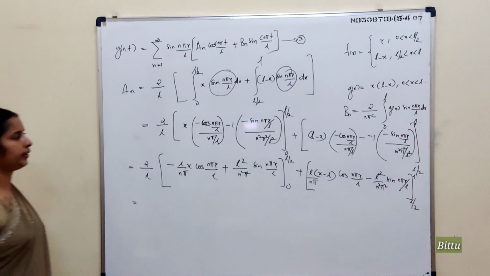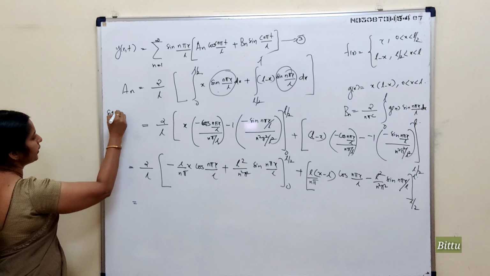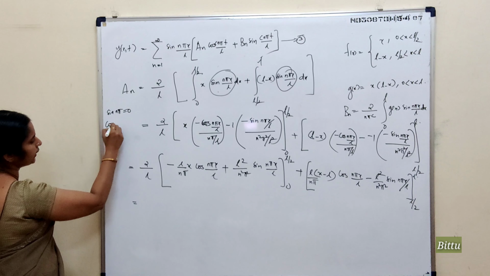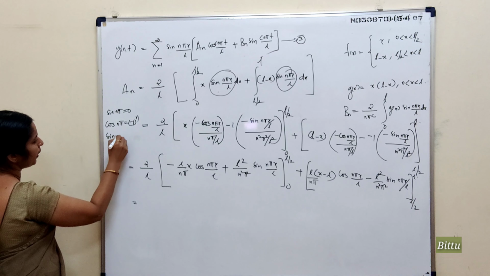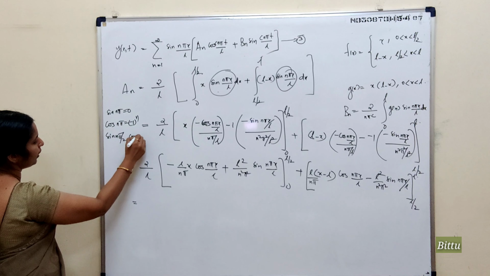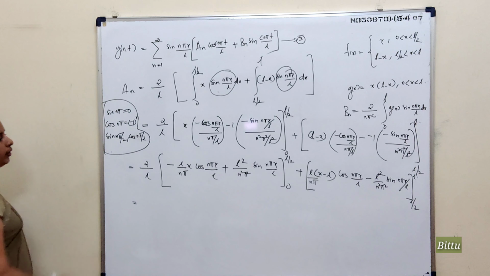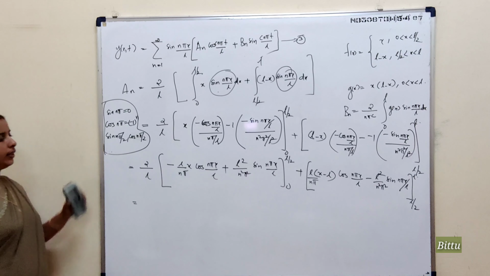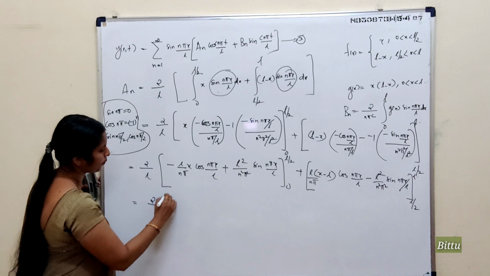While putting the limits, you keep in your mind that sin n pi is 0 and cos n pi is minus 1 raised to n. Sin n pi by 2 and cos n pi by 2, we keep these two terms as they are. You have to keep these in your mind.